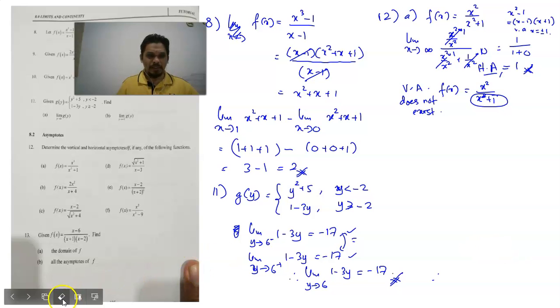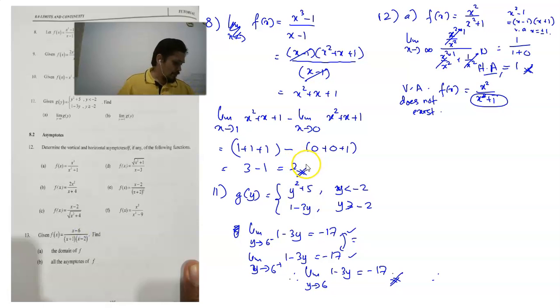Okay, if I choose another question, number 12, question F. f(x) equal to x squared divided by x squared minus 9.